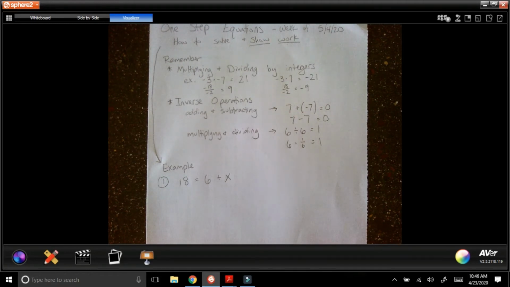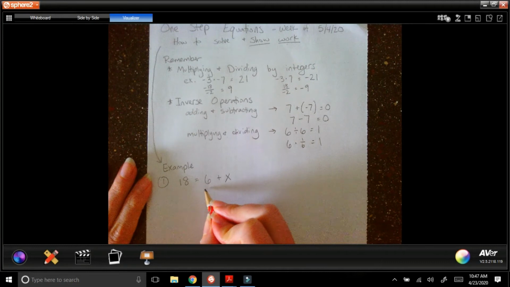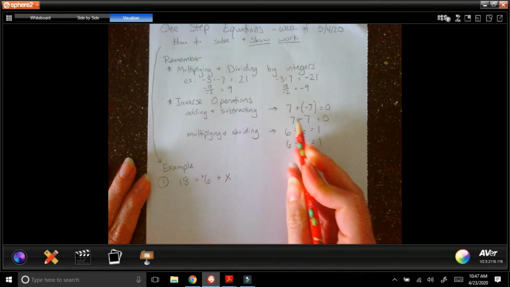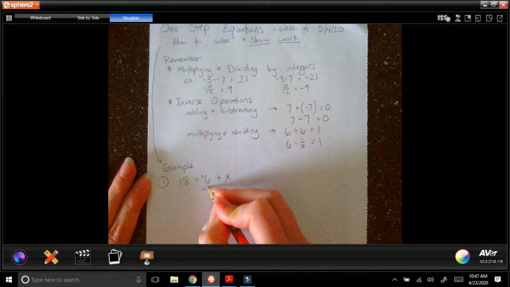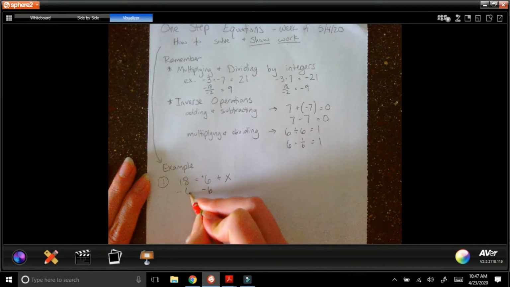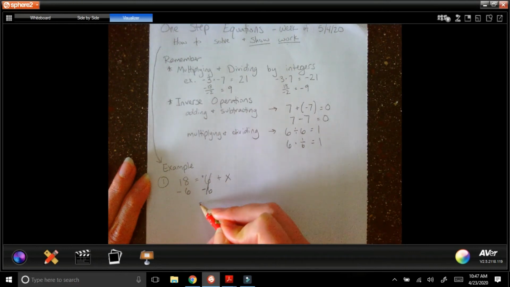Either way, though, if you know it in your mind beforehand or if you don't, I want you to show your work either way. So when we get to the longer questions, you have that work down with how to write it. So to get rid of adding a positive 6, the inverse operation would be to subtract 6. So if I subtract 6 from this side of the equation, I have to do it to both sides of the equation to keep it balanced.